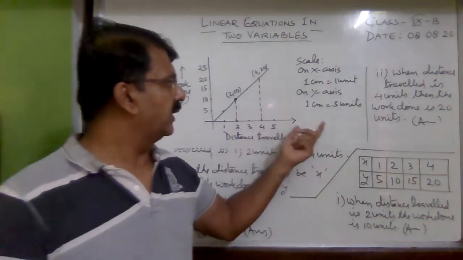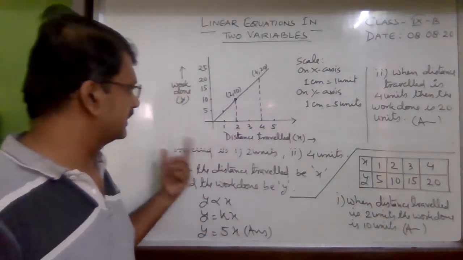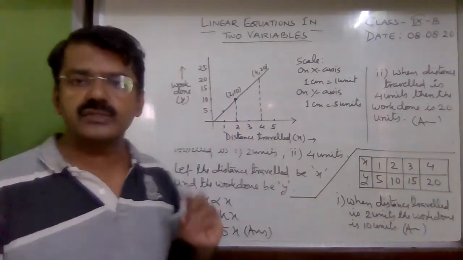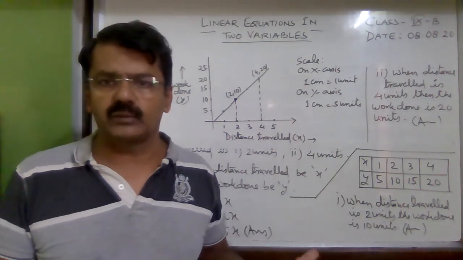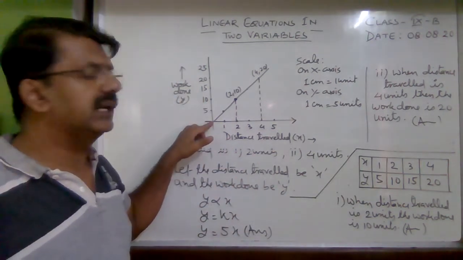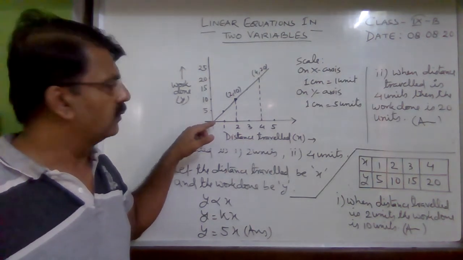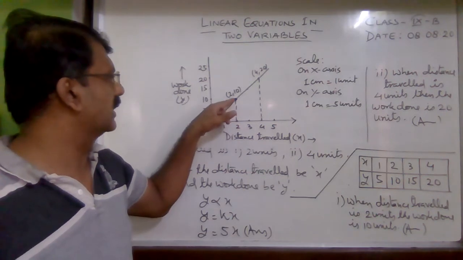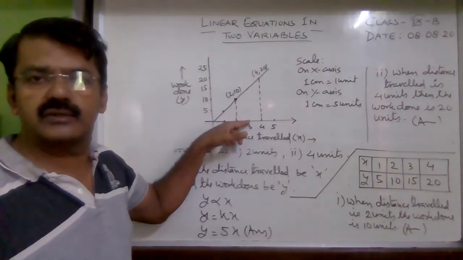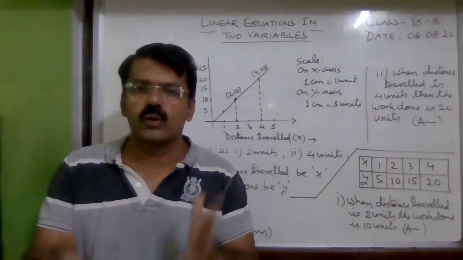So once you draw the graph, for any distance traveled you can calculate the work done. As you can see here, when the distance traveled is 0, the work done is also 0. When the distance traveled is 1, work done is 5, for 2, work done is 10. When the distance traveled is 3 units, the work done will be 15, and so on.